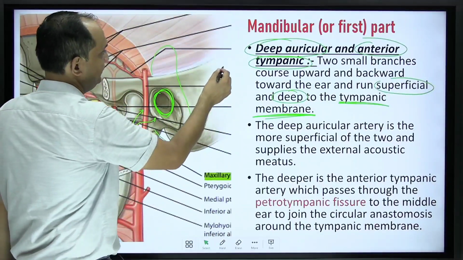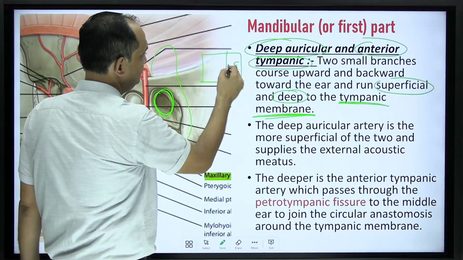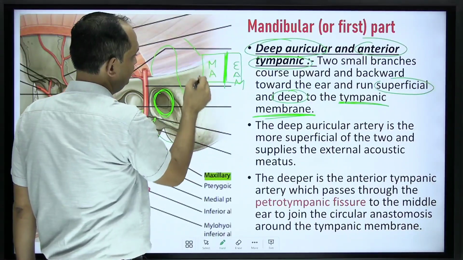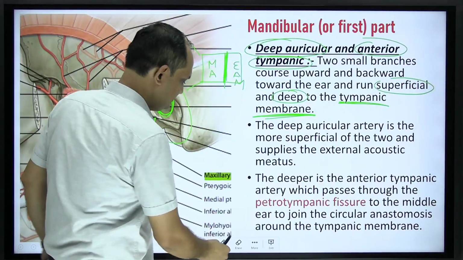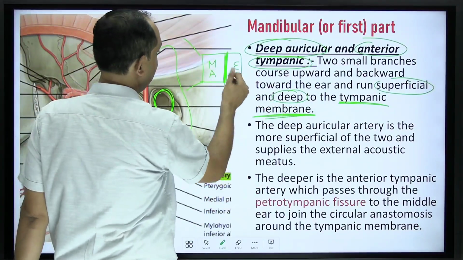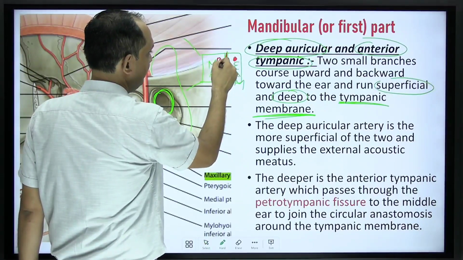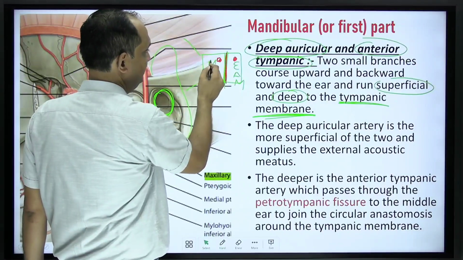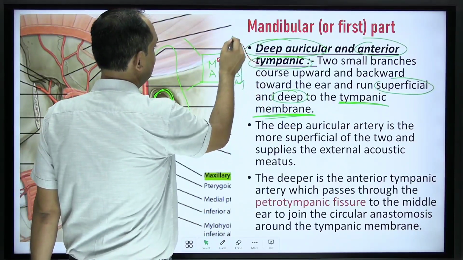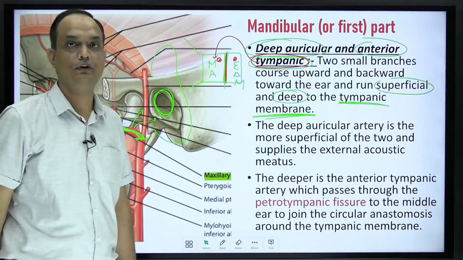Suppose I draw the external acoustic meatus, and this is your tympanic membrane, this is your middle ear, then you have the internal ear. There are 2 arteries, superficial and deep in relation to the tympanic membrane. One artery supplies here, one artery supplies here. One is superficial to the tympanic membrane, one is deep to it. Which is deep? The answer is the anterior tympanic artery. As the word tympanic means tympanic cavity, that is the part of your middle ear.